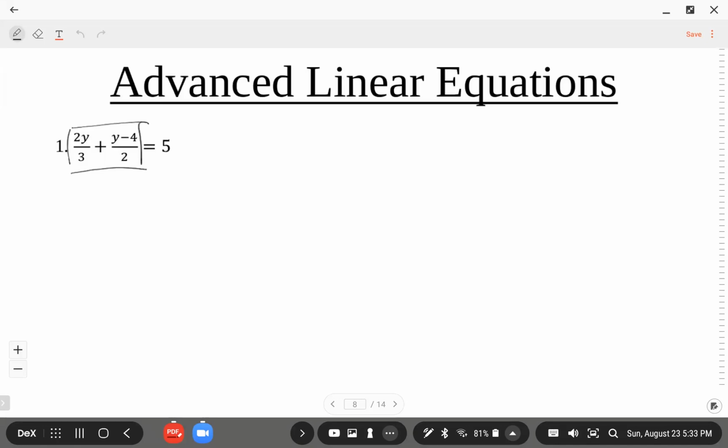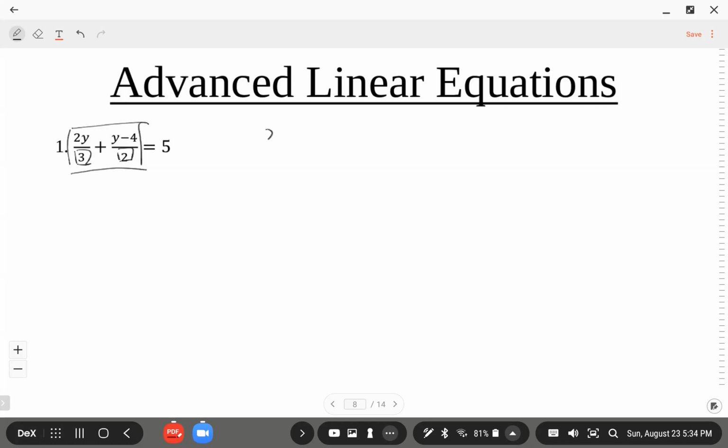So our variable is y, right? And we need to isolate y on one side, but we have these fractions, and we have to separate y from all these numerals, right? And we have two different fractions. 2y is divided by 3, and y minus 4 is divided by 2.